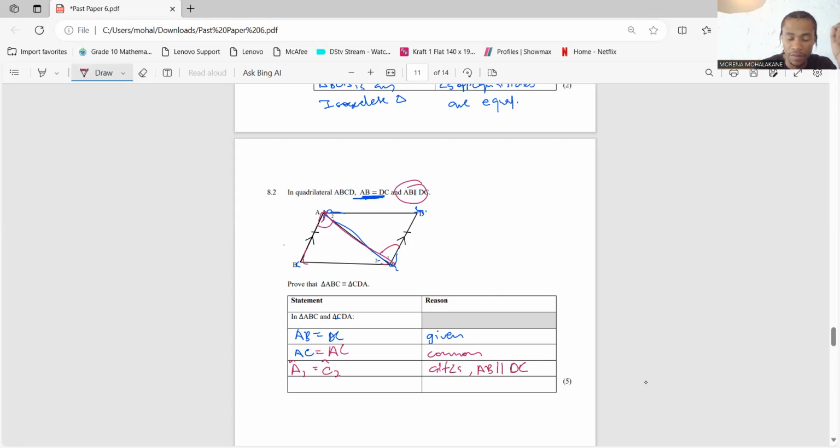It's very important for you. Then I can conclude that triangle ABC is congruent to triangle CDA. Remember, the order is important. AB, DC, they're the same. What's the reason? Side, angle, side.